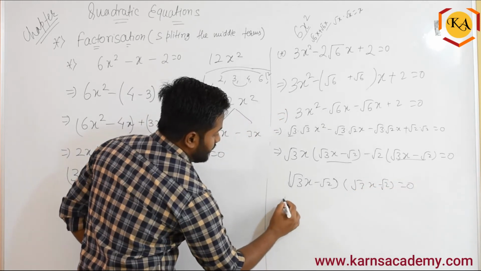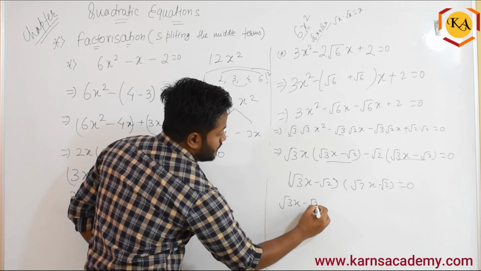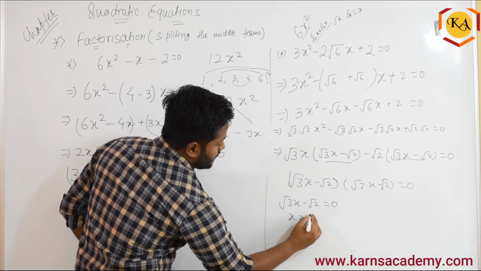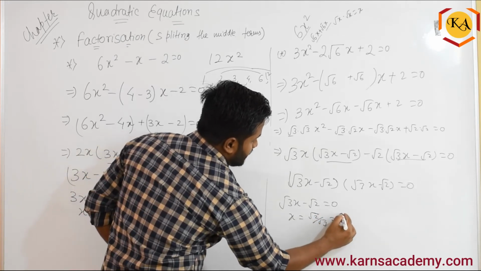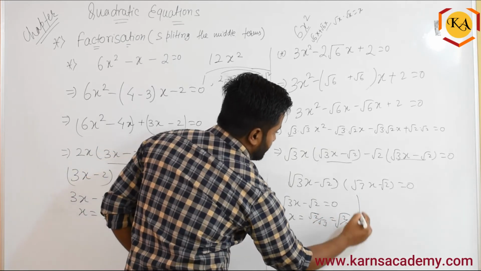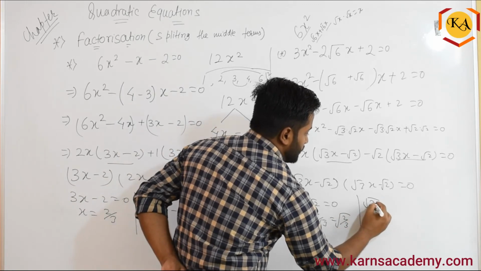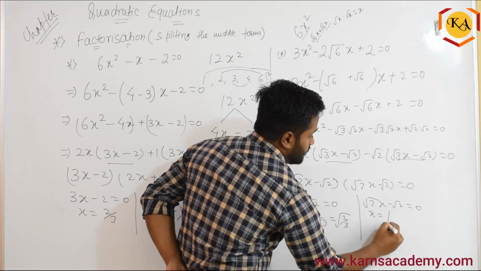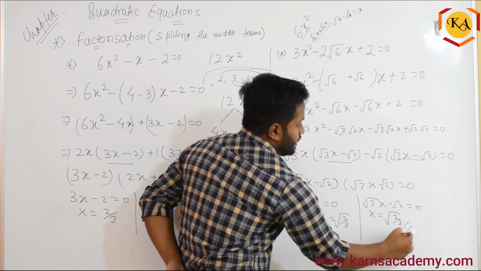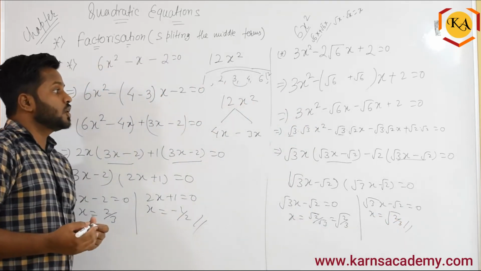So finally you are getting root 3x minus root 2 equal to 0, which means x equal to root 2 by root 3, or directly I can write root 2 by 3. Similarly, here also root 3x minus root 2 equal to 0, so x equal to root 2 by 3. Right, so this is how we can solve this particular question.